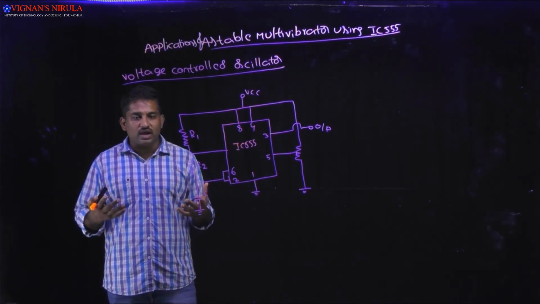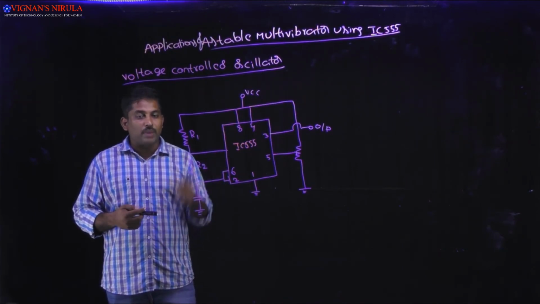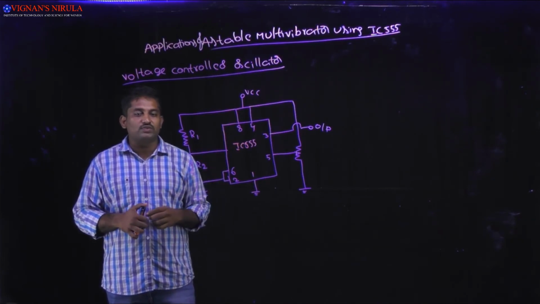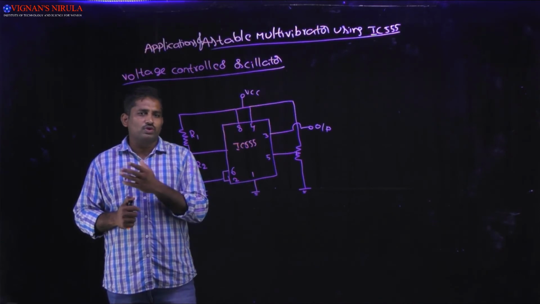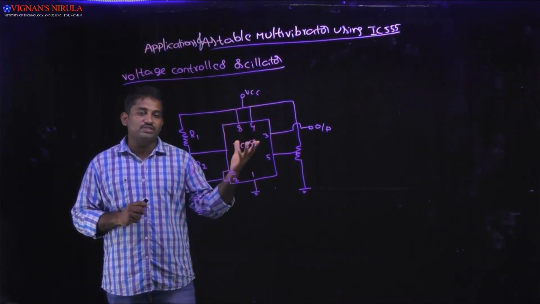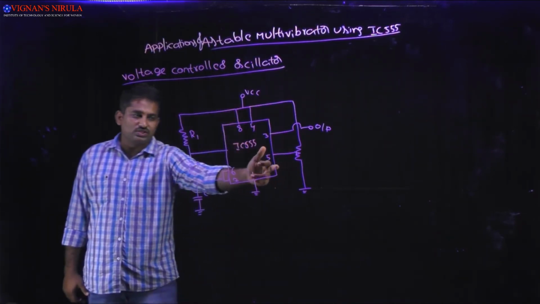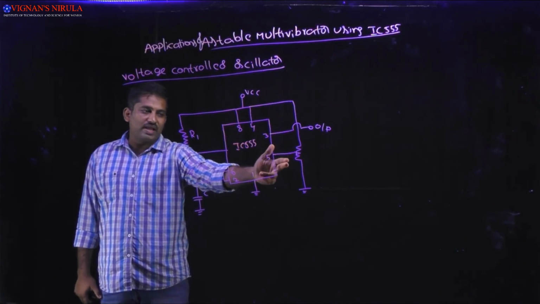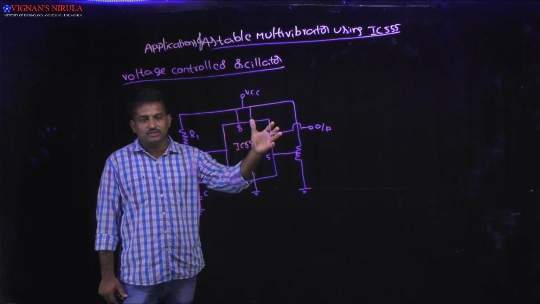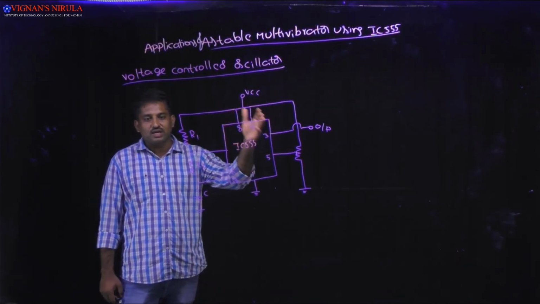In most applications, we don't require the external control voltage, but in this case we require the external control voltage for the generation of signals of different frequencies and time periods. So here the external control voltage is applied with the help of a potentiometer. So with the help of the potentiometer, we apply the external voltage at the control voltage pin.